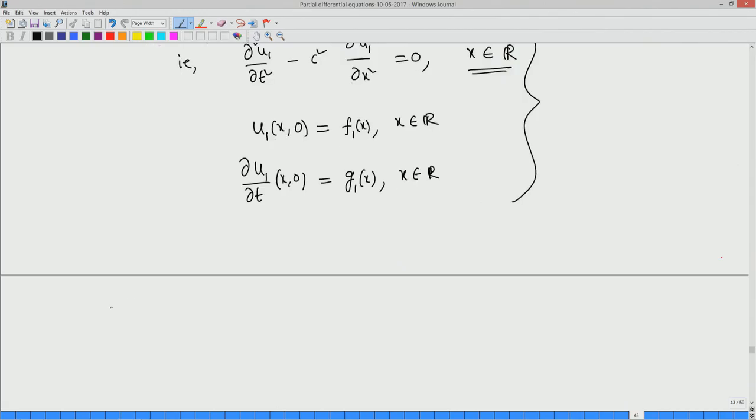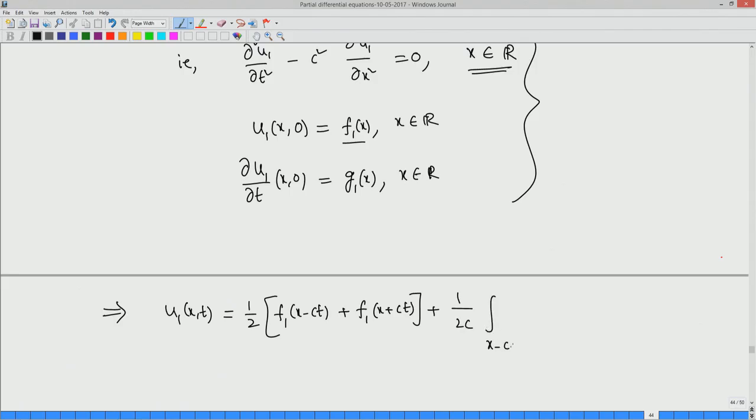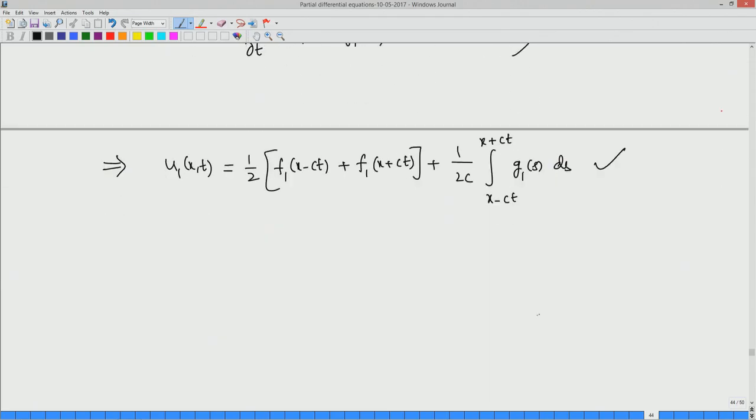So u1 of x,t is half of f1 at x minus ct plus f1 at x plus ct, plus 1 by 2c integral from x minus ct to x plus ct of g1 of s ds.